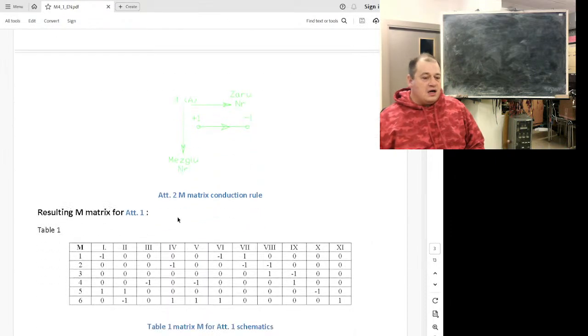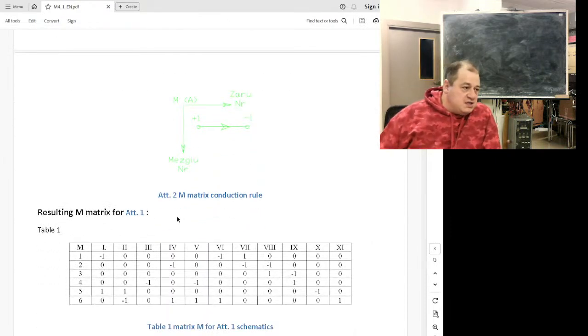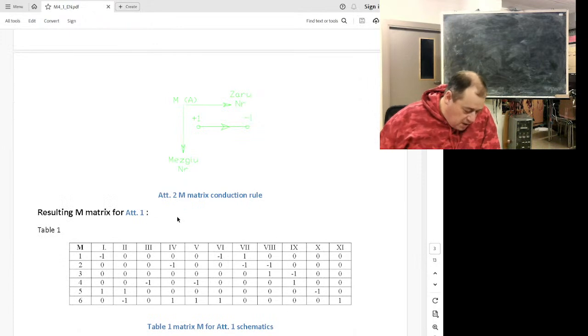I conduct the first incidence matrix. I will calculate the nodal admittance matrix later. But first I need to conduct the first incidence matrix. It's a branch to node connection.